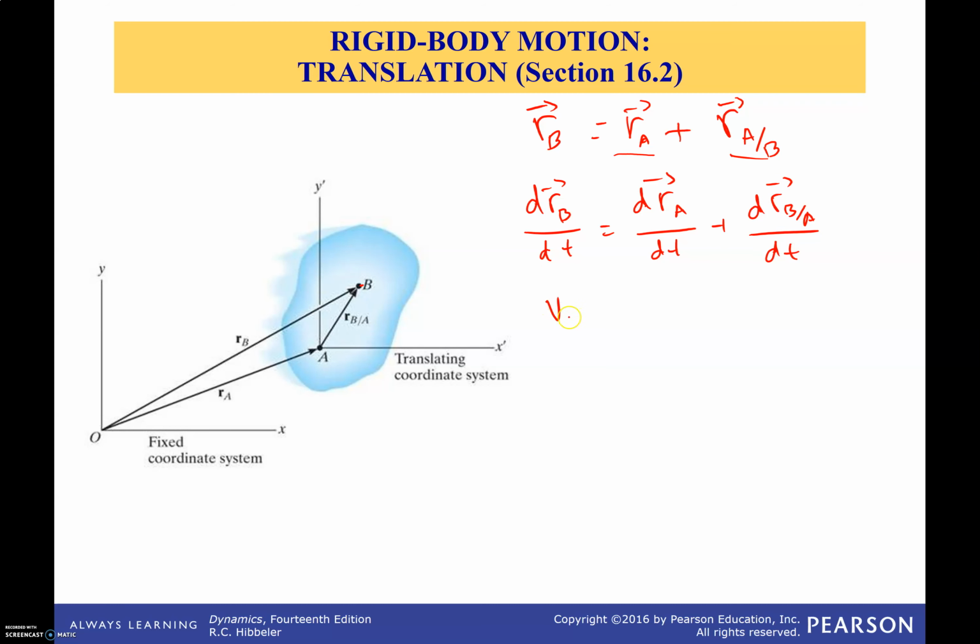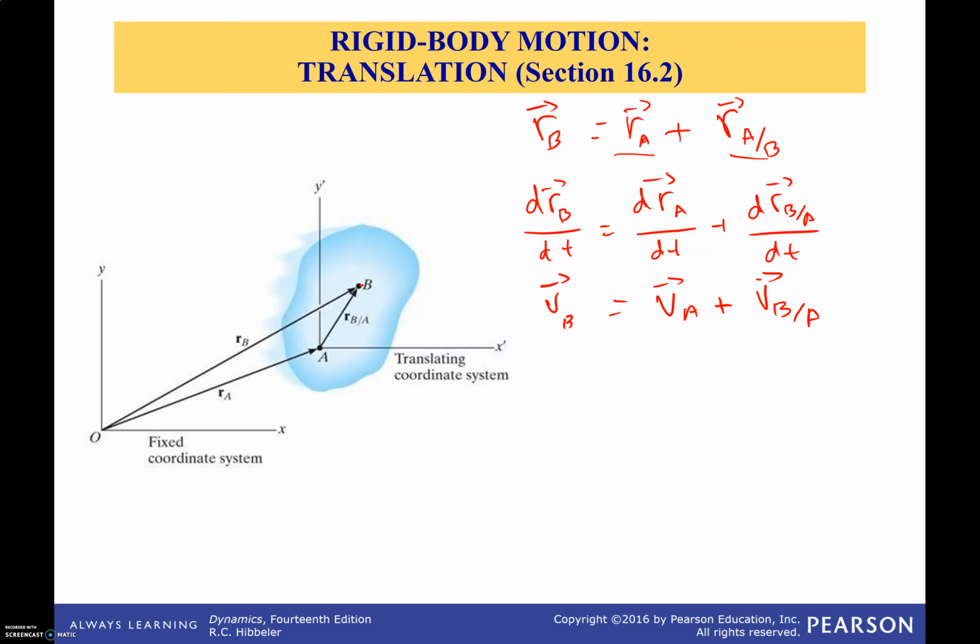This is v_B, the velocity of point B as seen from the fixed coordinate system. It is equal to v_A, the velocity of A as seen from the fixed coordinate system, plus v_B/A, the velocity of B relative to A. We have seen this when we studied relative motion. This is a similar notation.